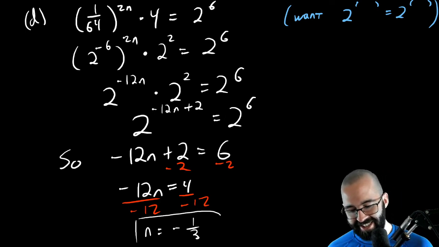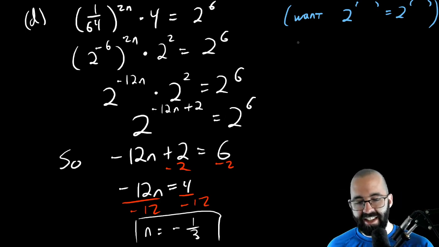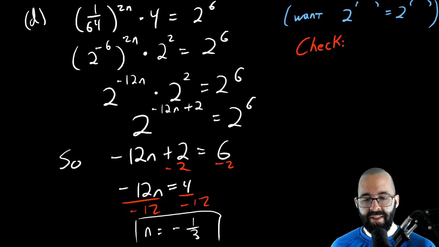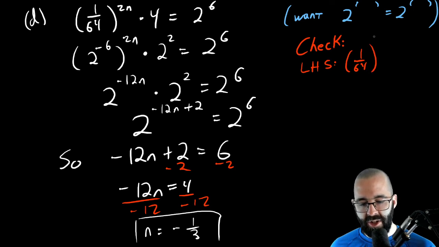It's going to be a little harder this time. So when I check my answer this time, let's look at each side by itself. The left-hand side of this equation is 1/64 to the 2 times negative 1/3, that's negative 2/3, times 4.